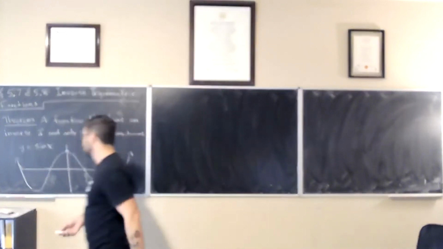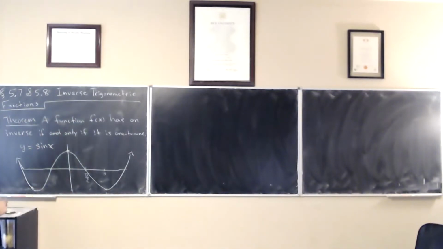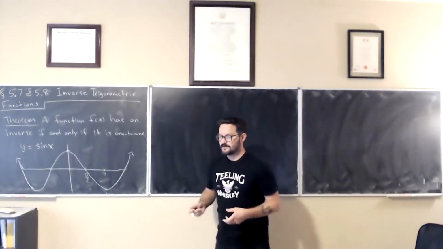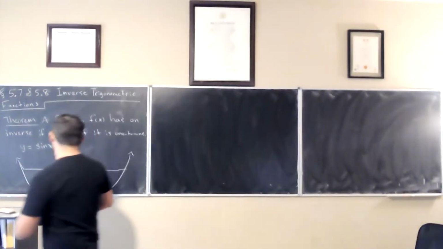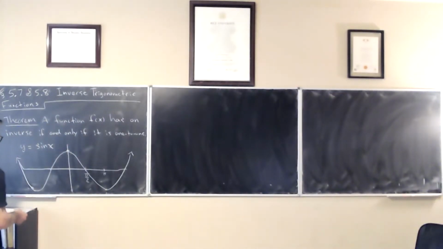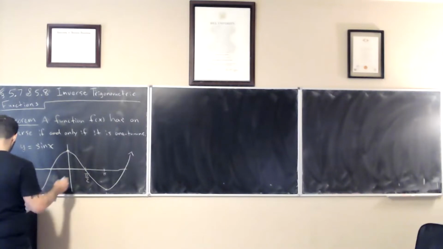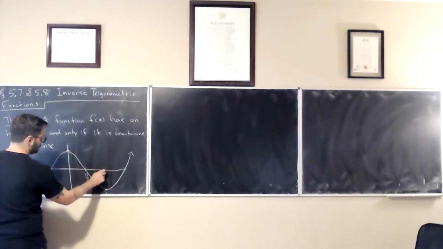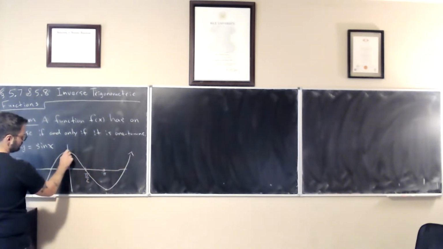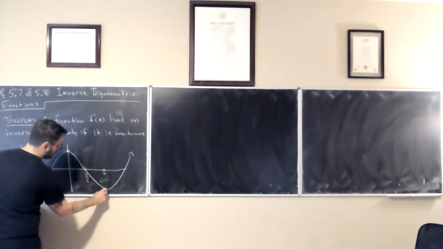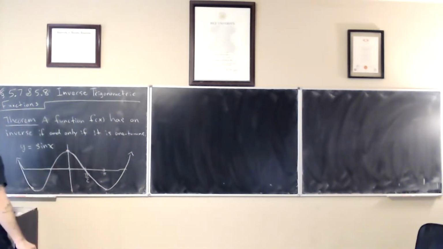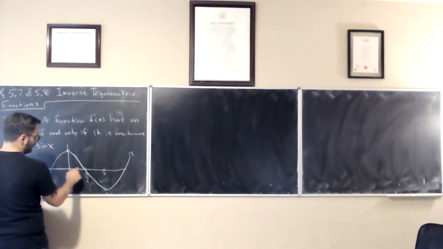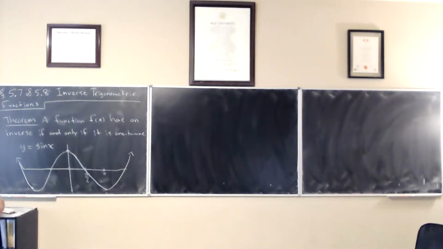However, if we restrict the domain of this function to be some interval, then we can make this function 1-to-1 on a restricted domain. So, for example, if we restrict the domain from here to there, then the graph of the function looks like this, and that would be a 1-to-1 function.